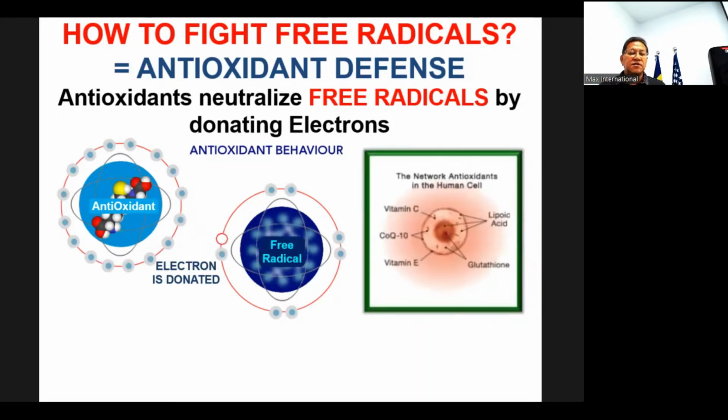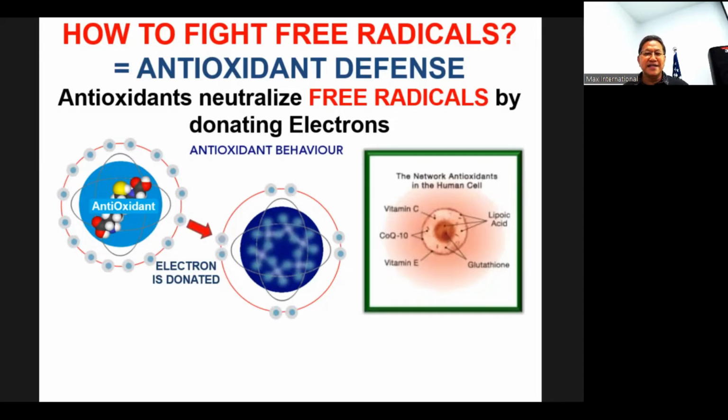But note that once the antioxidant donates the electron, it is now lacking the electron, which means the antioxidant becomes a free radical. So what's the point? There are two issues. First, the antioxidant that neutralizes the free radical and itself becomes a free radical is less harmful than the one it neutralizes. Otherwise, it would be crazy if you became a more harmful person than the one you came to calm down.